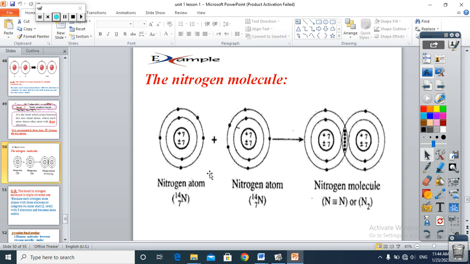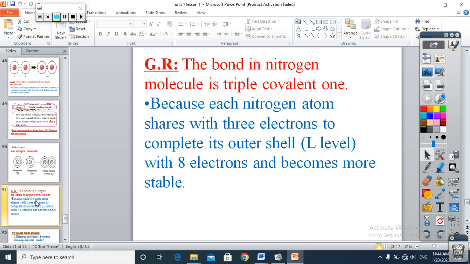Nitrogen and nitrogen form nitrogen molecules by each atom sharing 3 electrons with the other atom. Give reason the bond in nitrogen molecule is triple covalent bond. Because each nitrogen atom shares 3 electrons to complete its outer shell with 8 electrons and it becomes more stable.